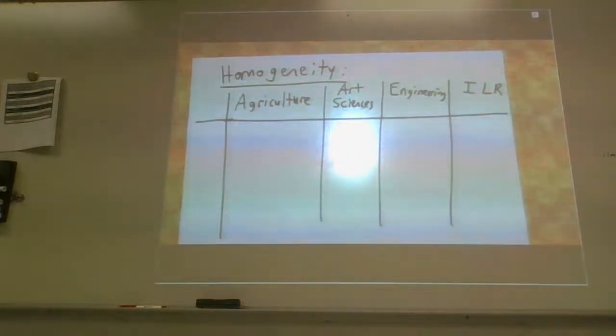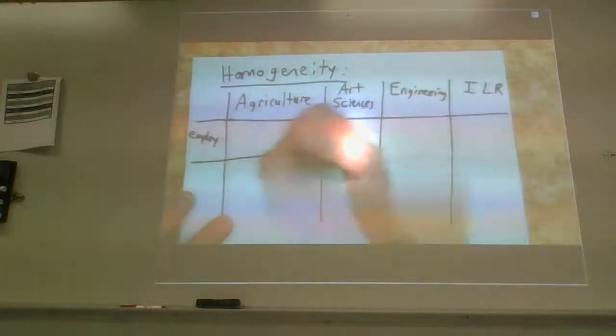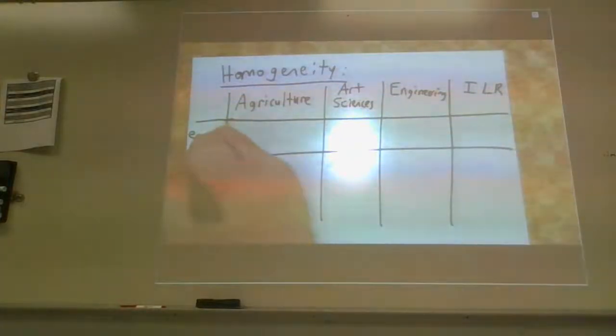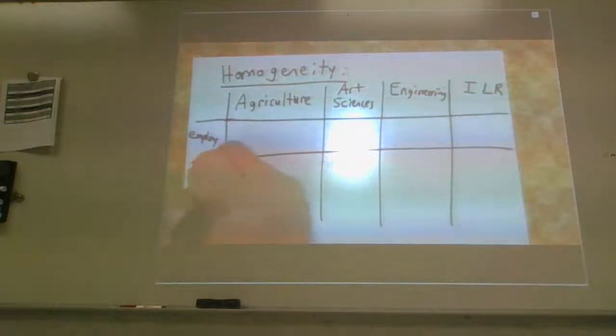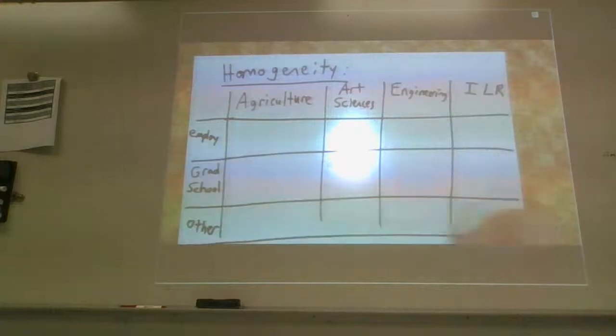So in this particular university, they are comparing the observed numbers of the students who were a part of the agriculture school, arts and sciences, engineering, or ILR. And, well, what are they doing right now? Well, these students amongst these four schools are either employed, in grad school, or other.